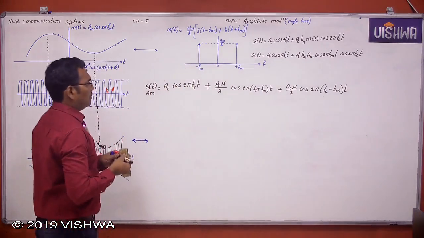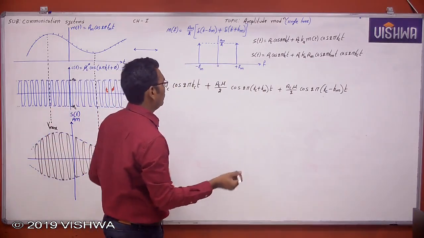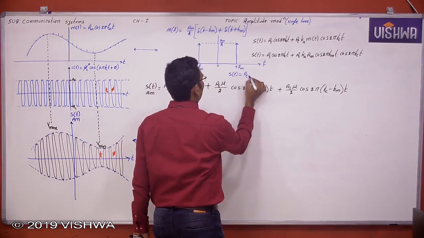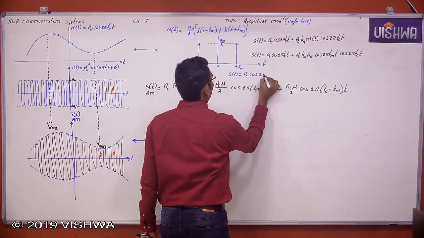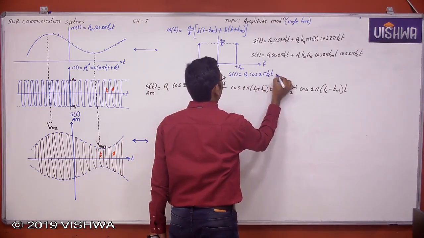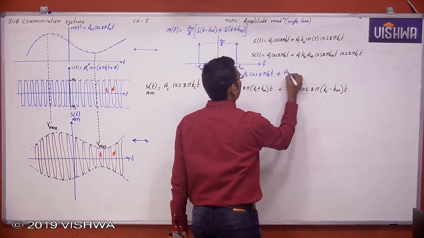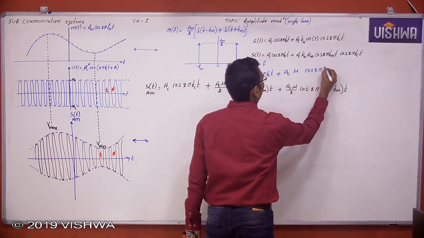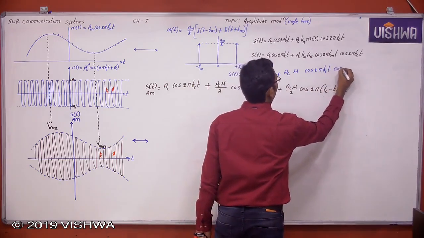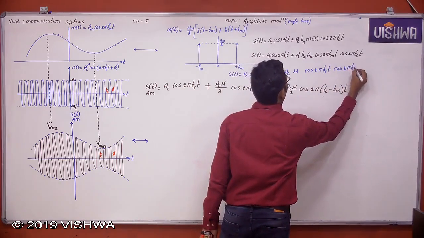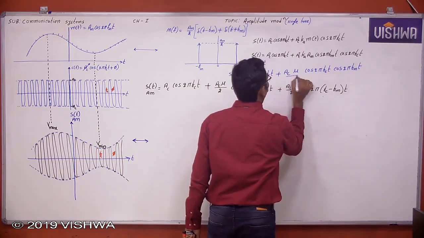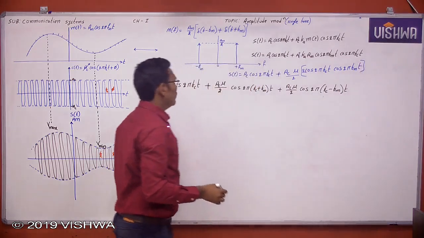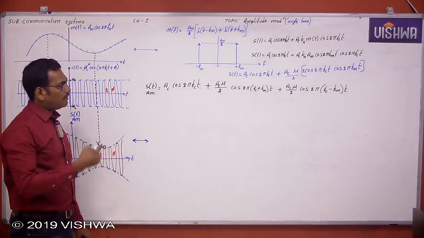Okay. Now here actually S of t is Ac cos 2 pi fc t plus Ac Ka Am, which is nothing but mu, cos 2 pi fc t into cos 2 pi fm t, divided with 2 multiplied with 2. So now this is a signal in time domain, okay.